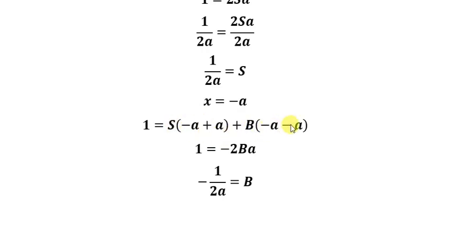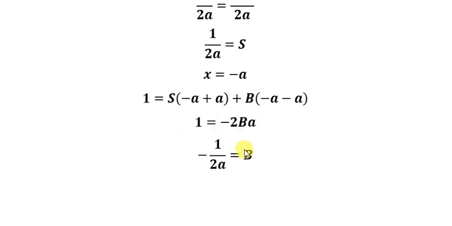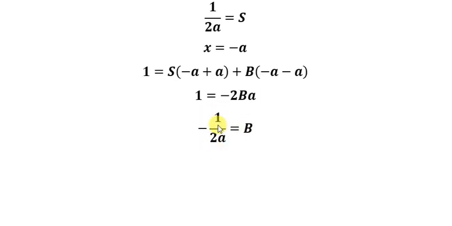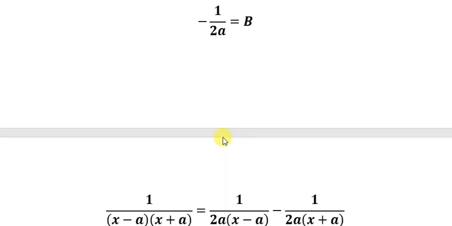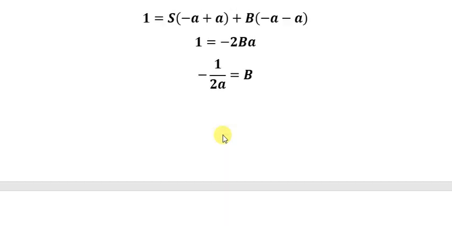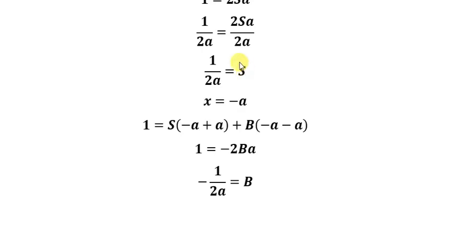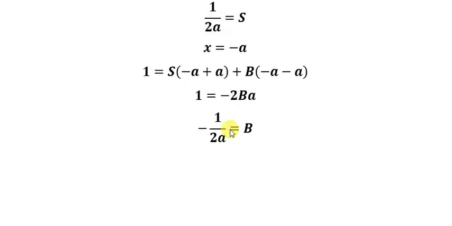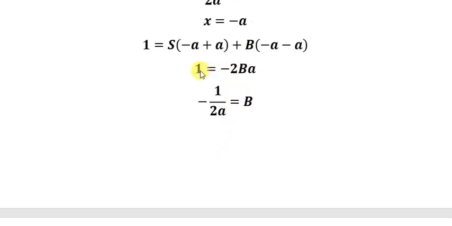Now, negative a minus a gives us negative 2a, and that times b is negative 2ab. Remember, we are looking for b, so we divide both sides by negative 2a, and b is equal to 1 over 2a. That means wherever we see s, we can input 1 over 2a, and wherever we see b, we can input 1 over 2a.